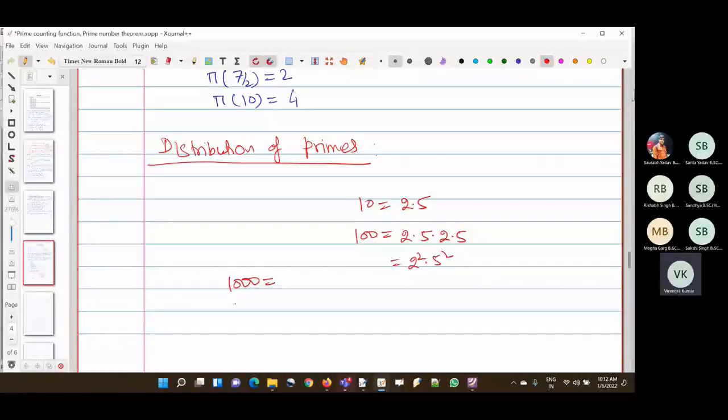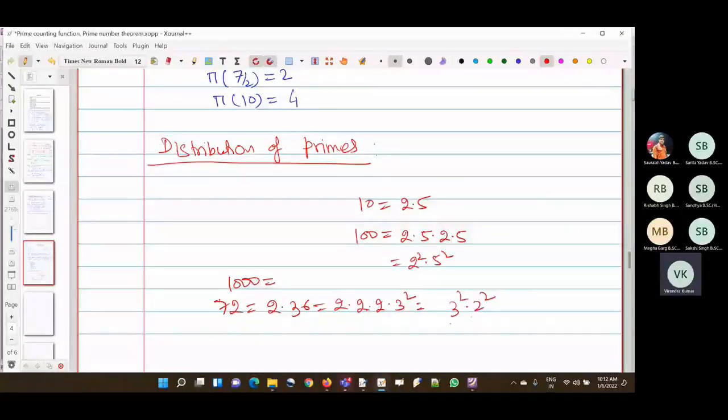Suppose you want 72. How can you write it? 2 times 36, or 2 times 2 times 18, and then 3 square. So 3 square into 2 cube.